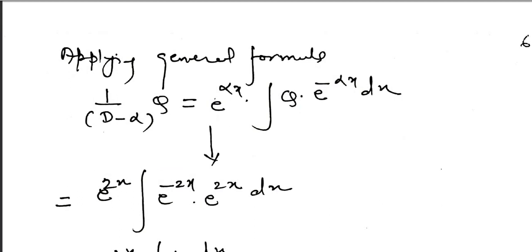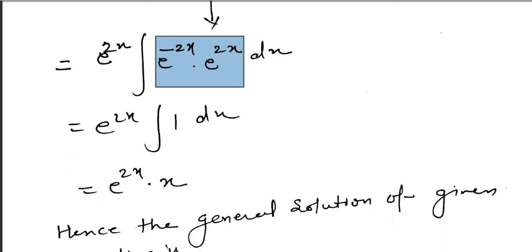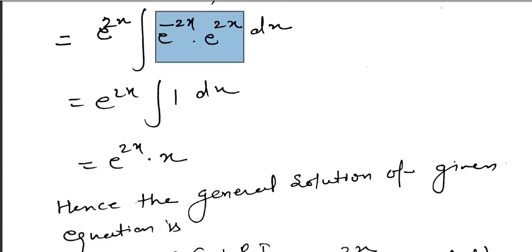This term, e to the power 2x and e to the power minus 2x, is equal to 1, and integration of 1 dx we know is equal to x. So after all we get x into e to the power 2x, and the general solution of the given equation is CF plus PI.